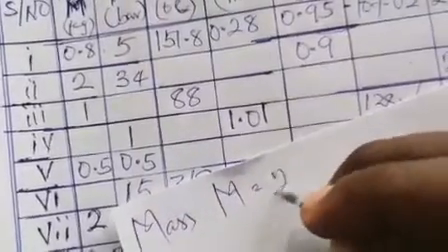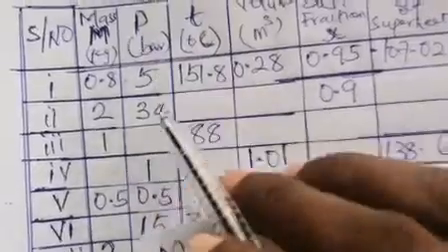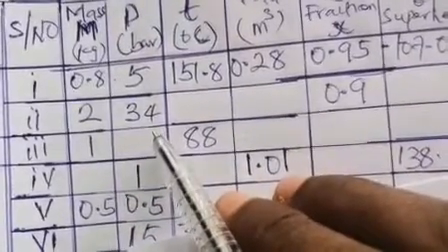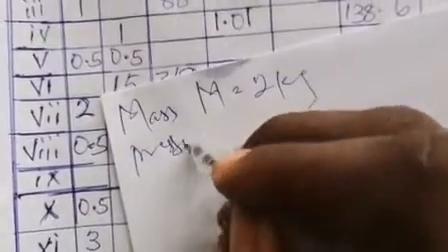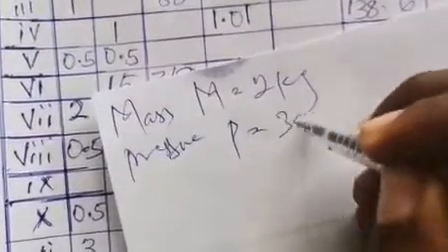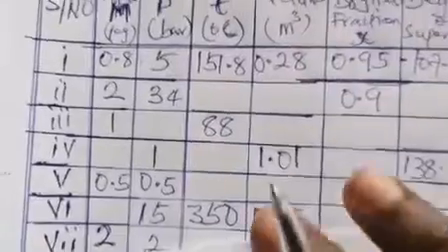The properties given to us here include mass. The mass is known: M equals 2 kg. We have pressure, which was given as 34 bar, so P is simply 34 bar. What else was given?